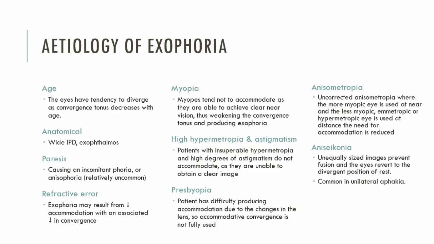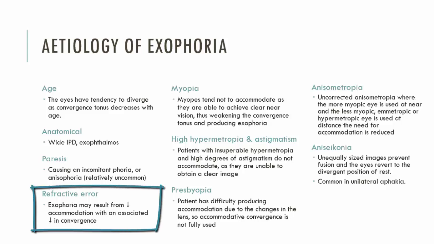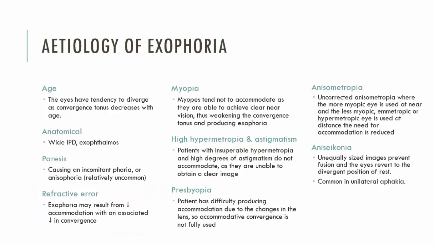And then there are a variety of refractive errors which can lead to an exodrift. And generally we're looking at the type of refractive error where we have a reduction in accommodation and therefore a reduction in accommodative convergence, which is why we see these exophorias.